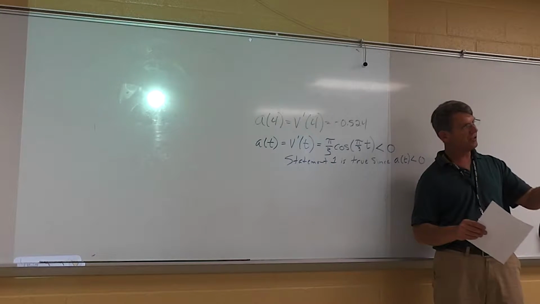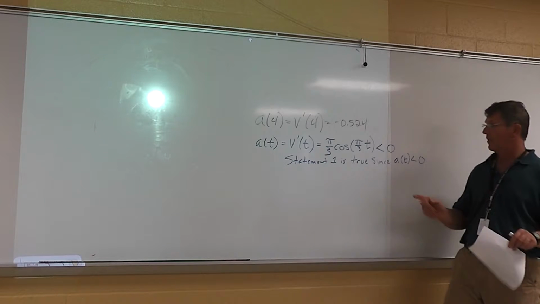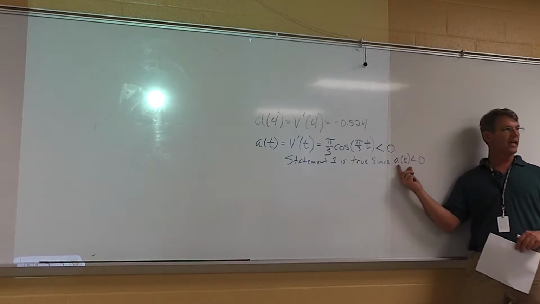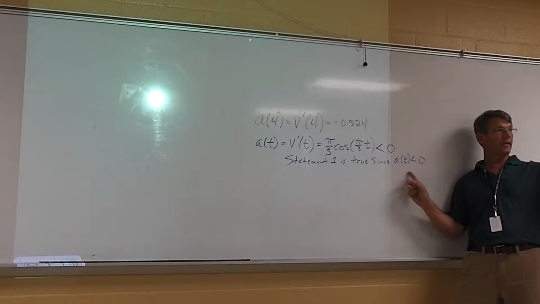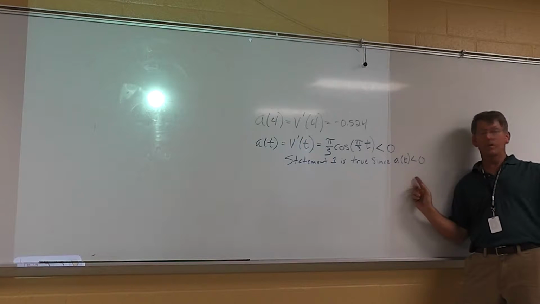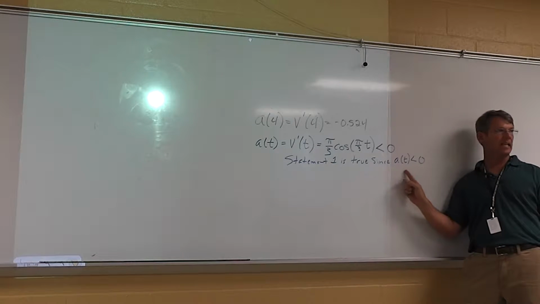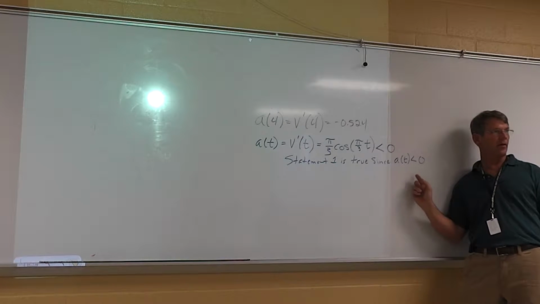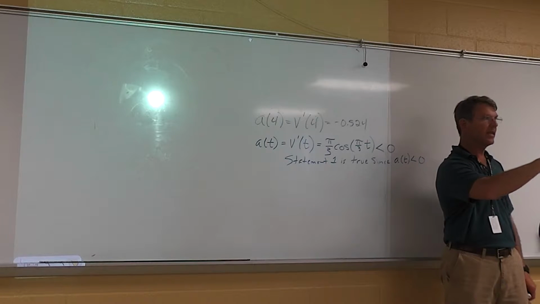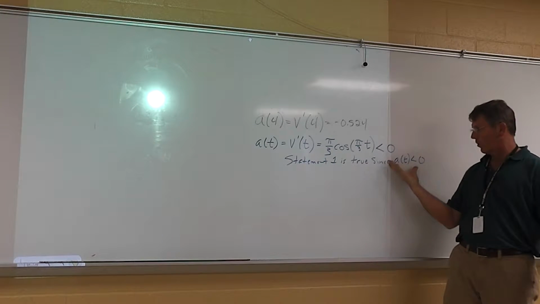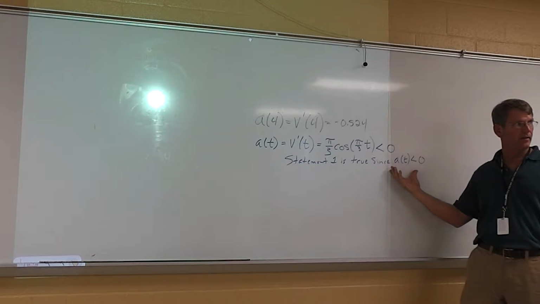Yes, we do test a number to convince ourselves of it, but then we turn around and make the global statement. You said A of 4 is less than 0. What you want to say is A of any time t is less than 0 on that interval. So it's just a matter of doing your number to test it and then putting in the global argument to communicate it. Okay.